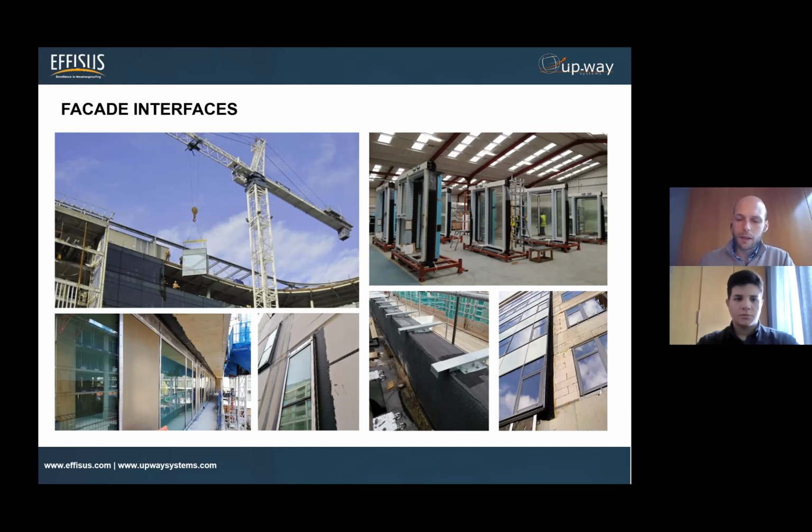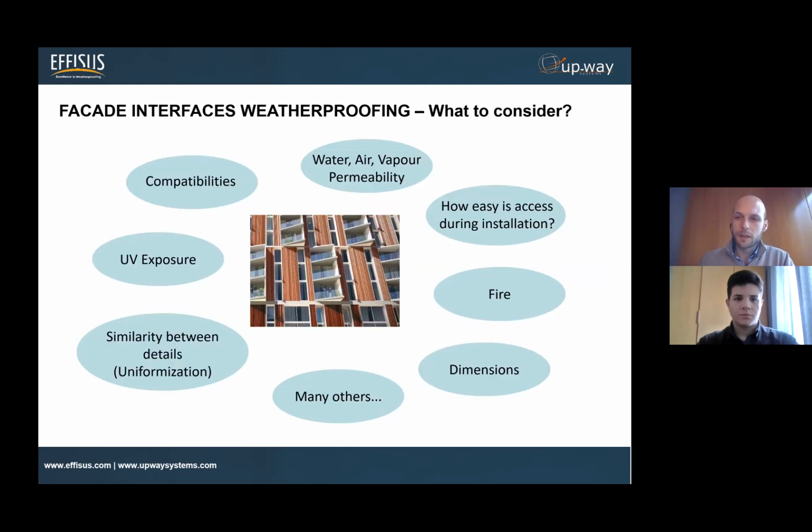So many things to be considered, and on Monday we looked into the main parameters to be taken into account. Here I will go very quickly across them. Water vapor and air permeability, which is of course the main purpose of sealing an interface.